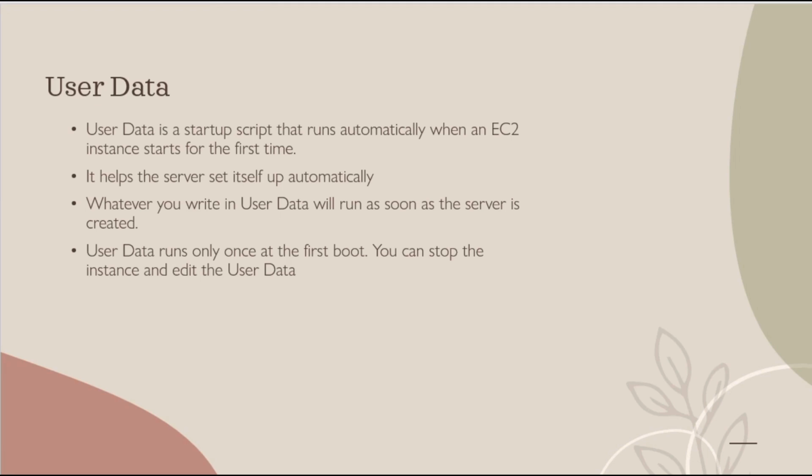Without manual effort, it helps the server configure itself. Whatever command we write in the user data section will execute as soon as the instance is created, so it makes sure the instance is immediately ready to use after launch.